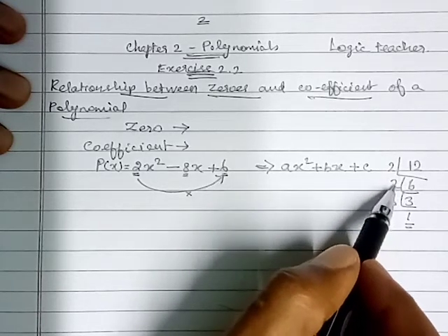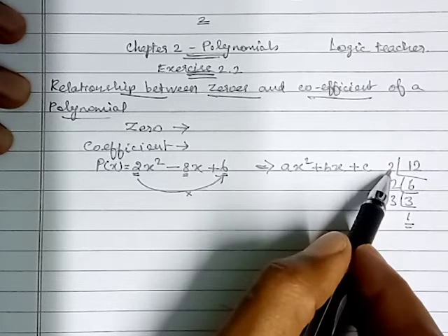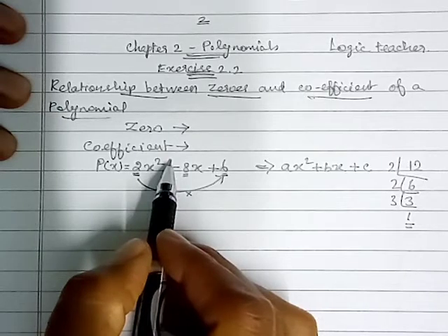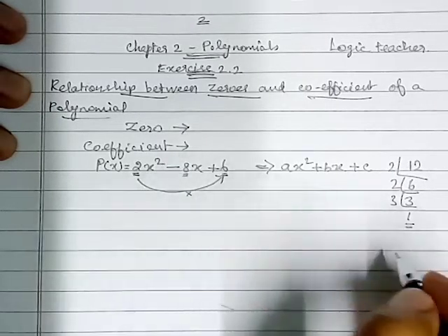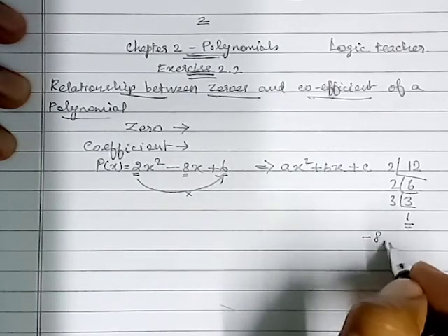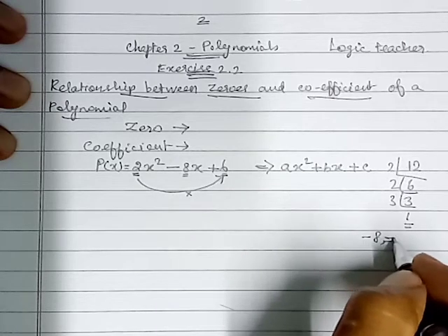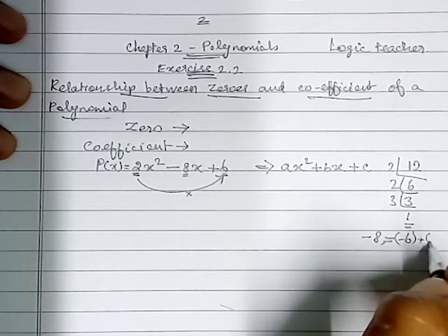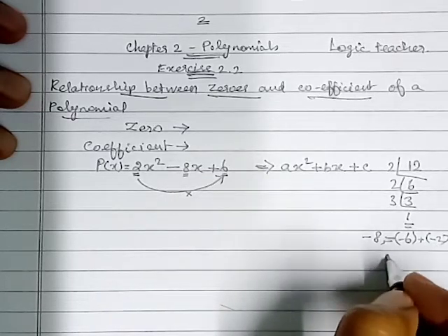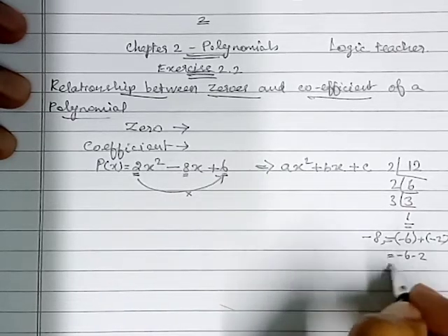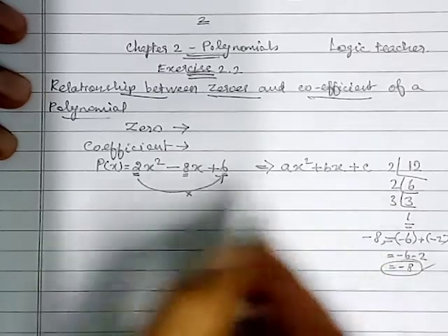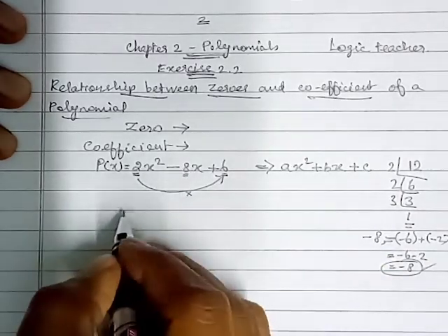That is 2 into 3, 6, and 6 plus 2 is 8, right? But here it is minus 8. So how can we write minus 8? Minus 8 is equal to minus 6 plus minus 2, right? This is minus 6 minus 2, which is equal to minus 8. So we can split this term.